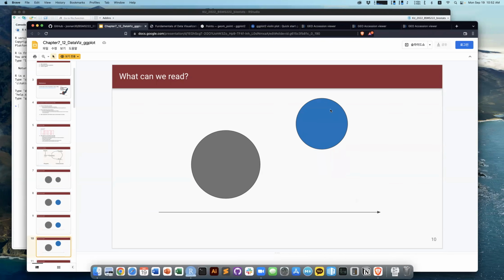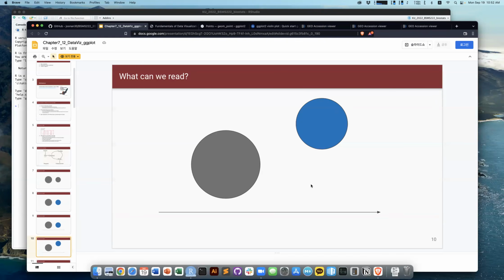So they have different heights, right? What does this describe? We can read that there must be another layer of quantity, right? We represent quantity by the size of the circles, but we added one more layer. So what is the extra layer? The height, right?